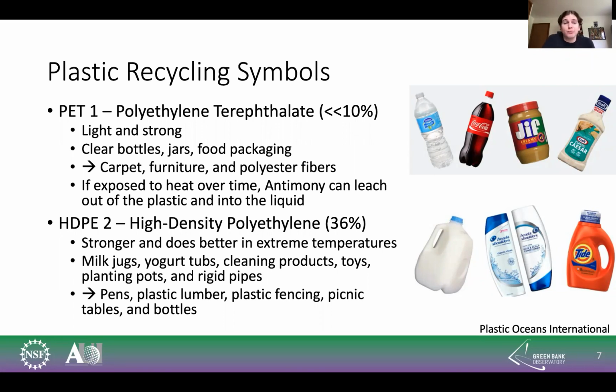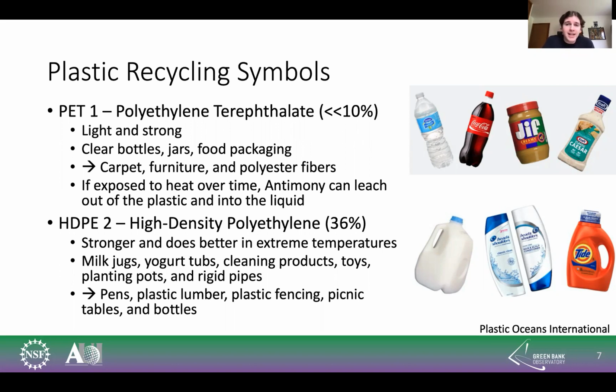This plastic is rather easily recycled into things like carpet and furniture fibers, as well as new bottles. However, it is not safe over long periods of time with heat.